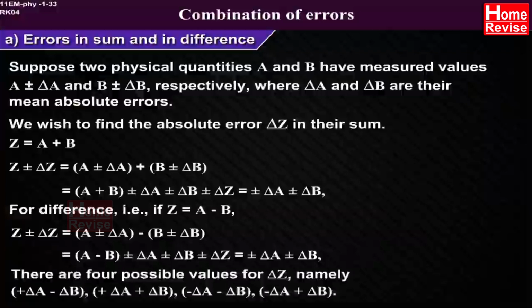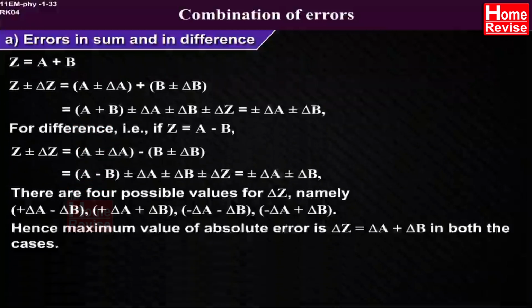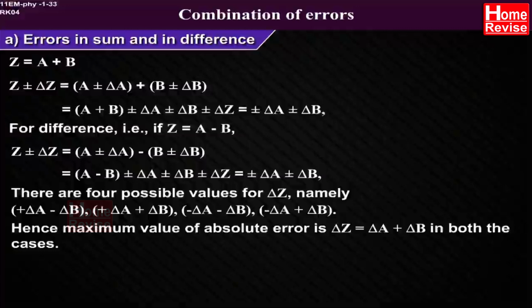There are four possible values for ΔZ, namely +ΔA − ΔB, +ΔA + ΔB, −ΔA − ΔB, and −ΔA + ΔB. Hence, the maximum value of absolute error is ΔZ = ΔA + ΔB in both the cases.